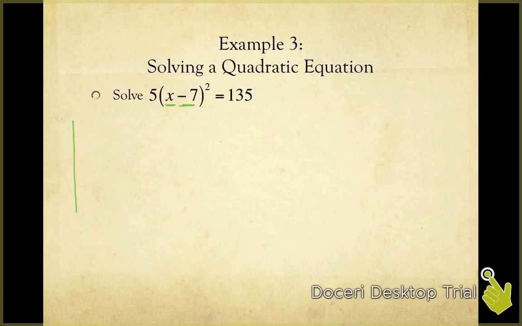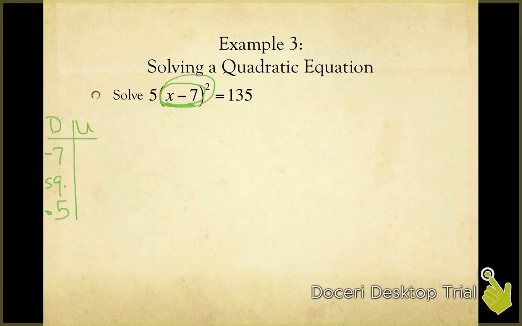And sometimes you can actually even make yourself a little chart called a do-undo chart. So if you look at this, you can say, well, the first thing I'm doing to x in the equation as it is, I'm subtracting 7. Then I take that quantity and I square it. And then that whole thing is being multiplied by a 5.